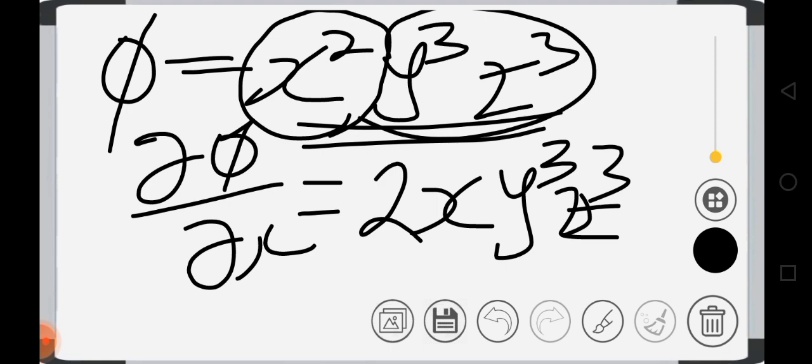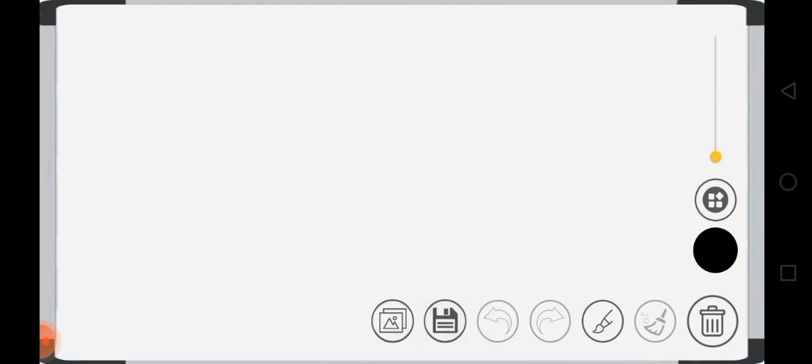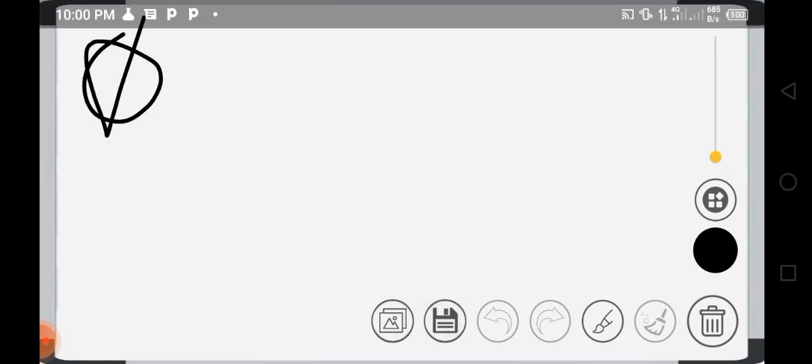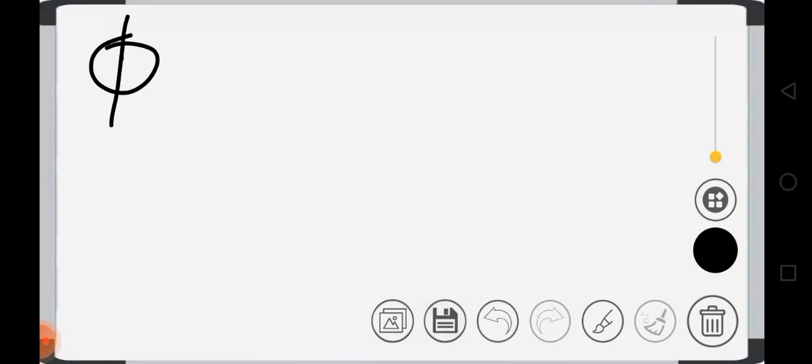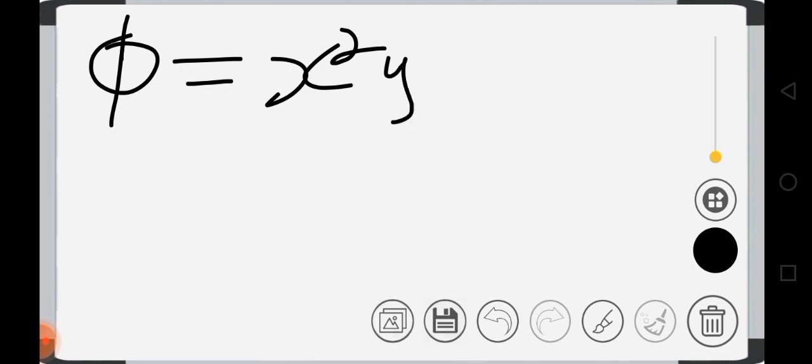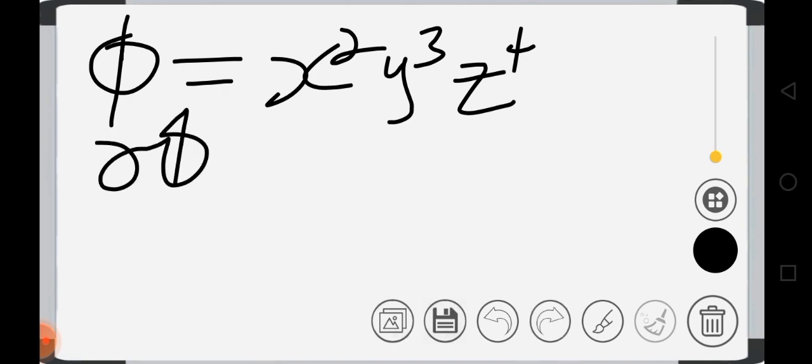Let's say we have this other question. If phi is equal to x squared y cubed z to the power 4, what is the ∂phi over ∂x?